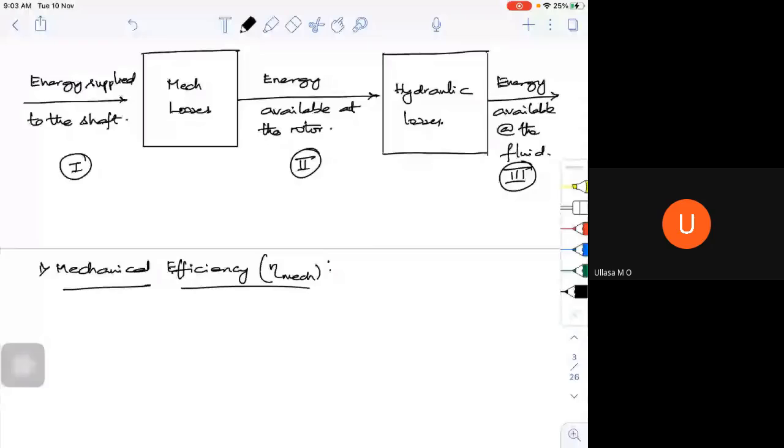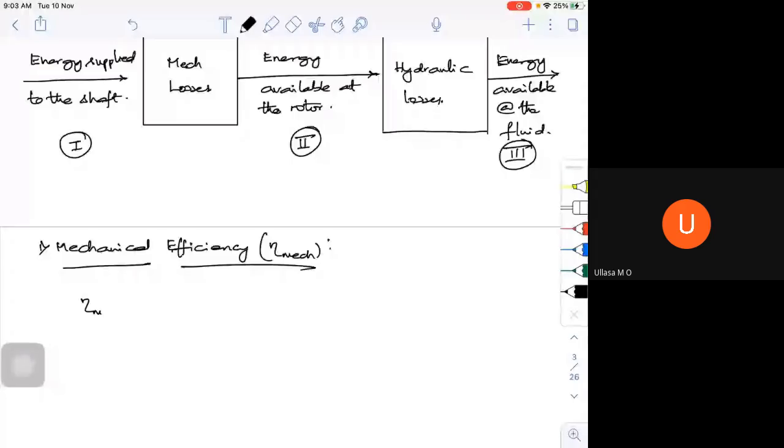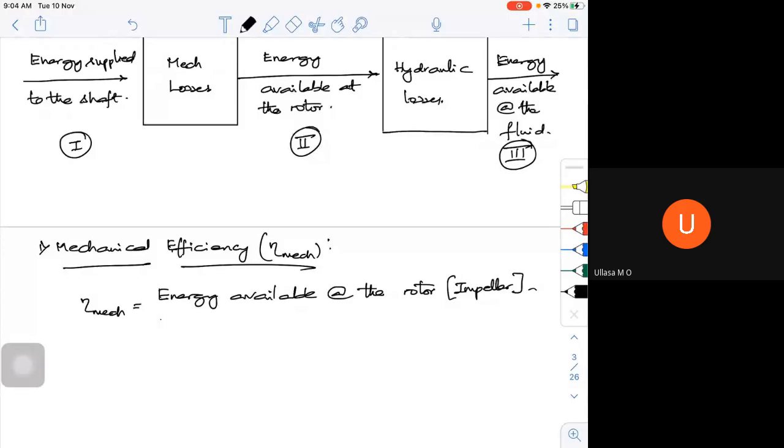So your mechanical efficiency is the energy available at the rotor, or impeller, to the energy supplied to the shaft. A few books call it impeller instead of rotor, it doesn't matter, it's the same.